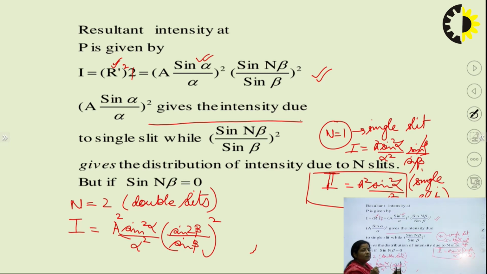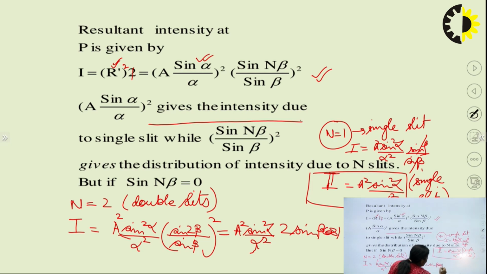We can just expand sine 2 beta. So we have A square sine square alpha by alpha square, and 2 sine beta cos beta in the numerator, and in the denominator we have sine beta, and the sine beta cancels off.